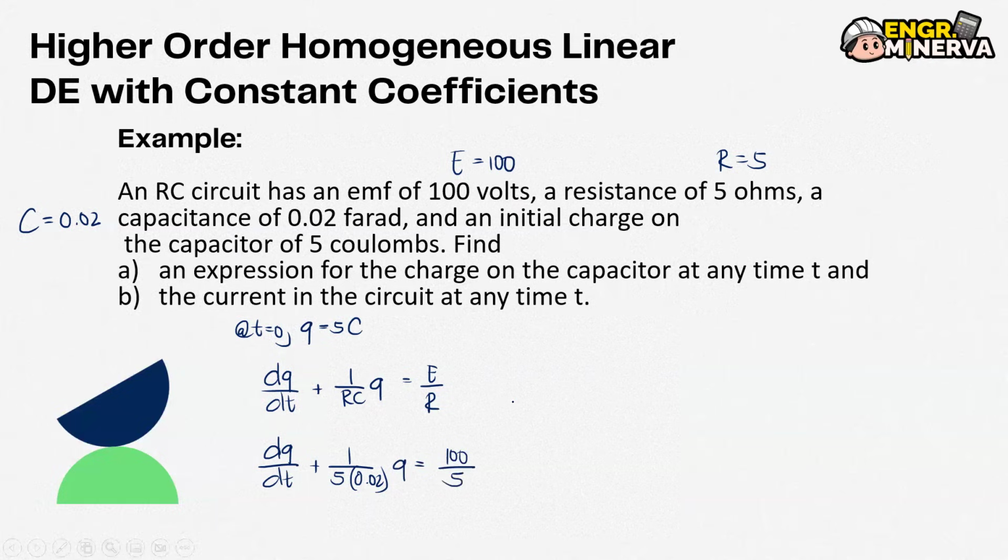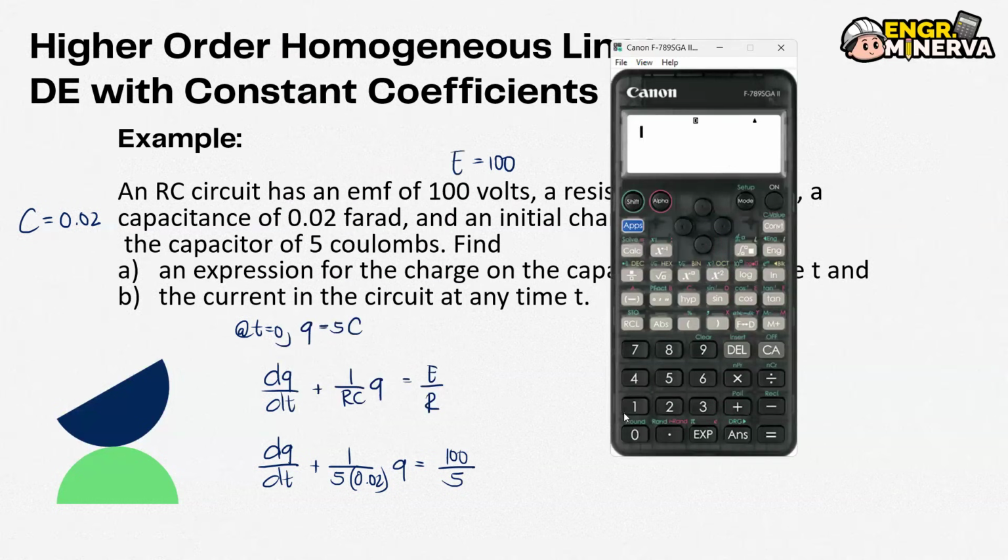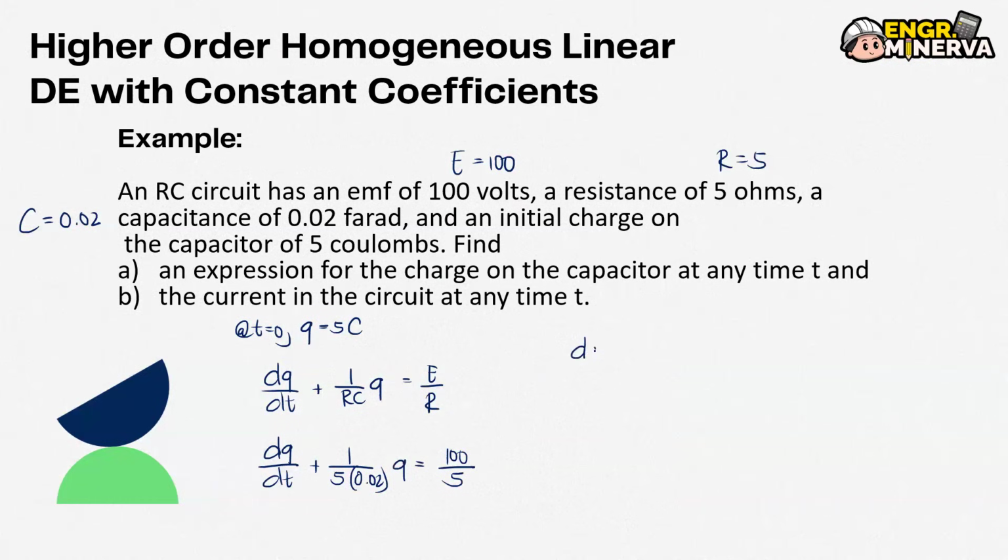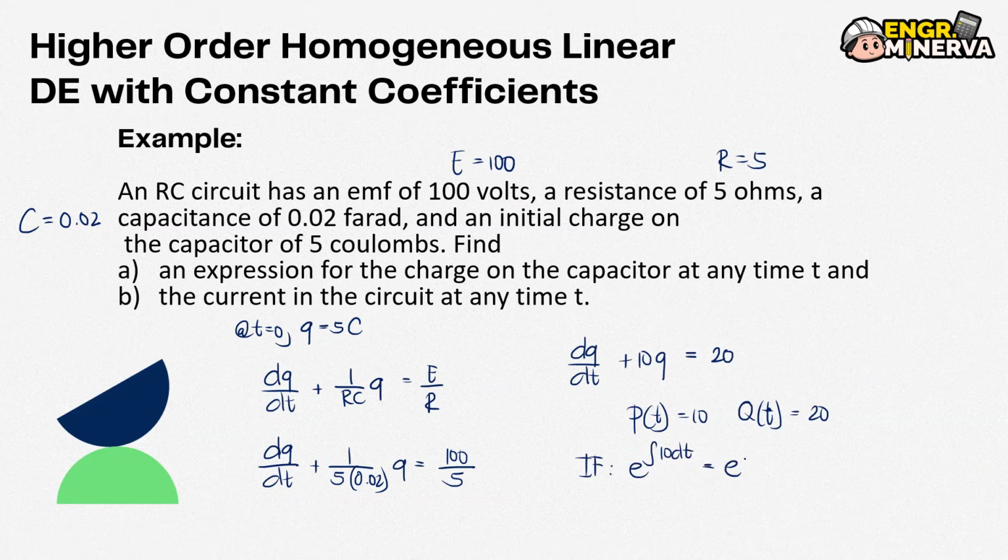What is 1 over 5 times 0.02? That would be 10. So our equation is dq over dt plus 10q equals 20. So our P of t is 10, our Q of t is 20, and our integrating factor is e raised to the integral of 10 dt, which is e raised to 10t.